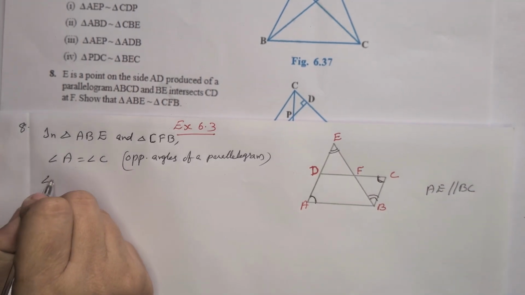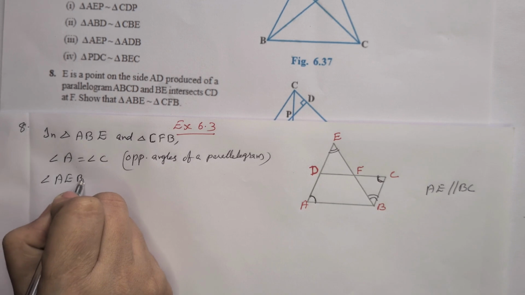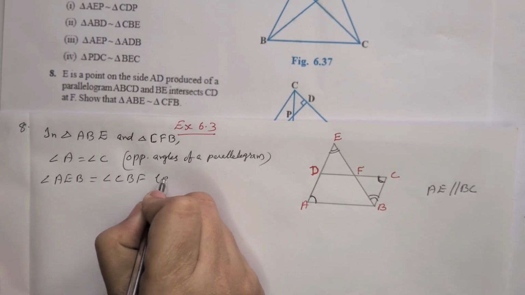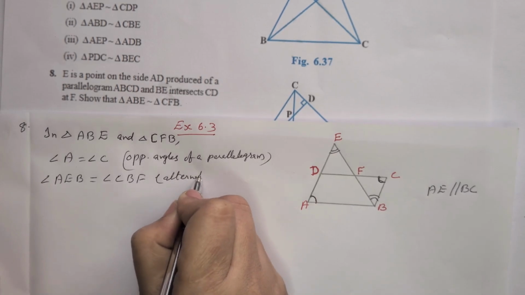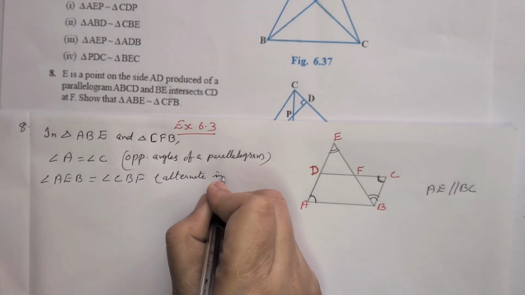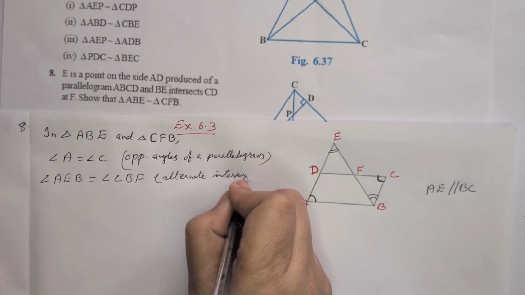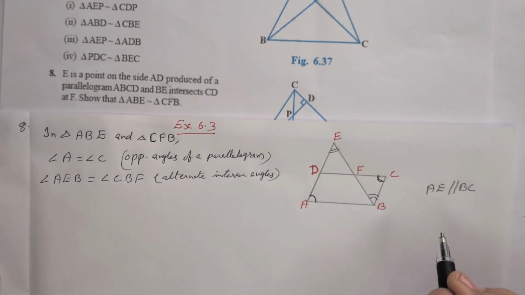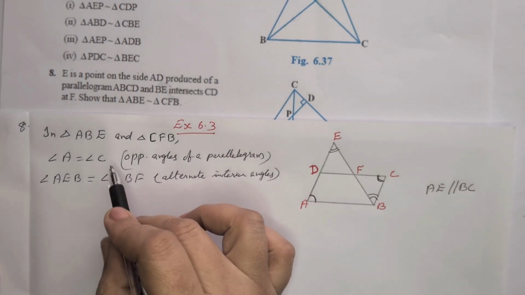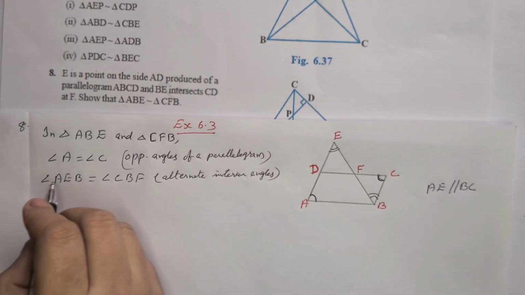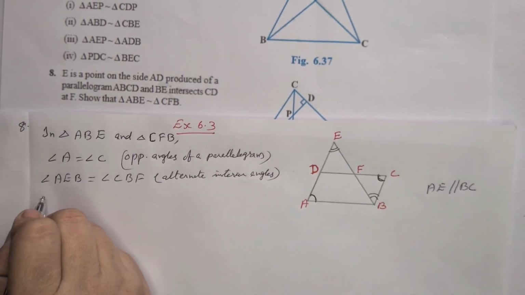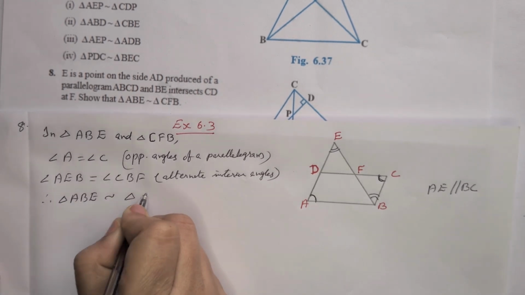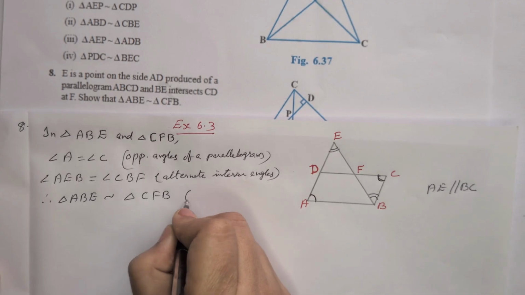We can write angle AEB is equal to angle CBF, alternate interior angles. Alternate interior angles are equal. Now we got two angles equal in these two triangles, therefore we can write triangle ABE is similar to triangle CFB by AA similarity.